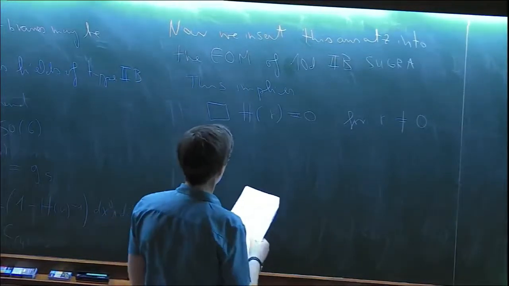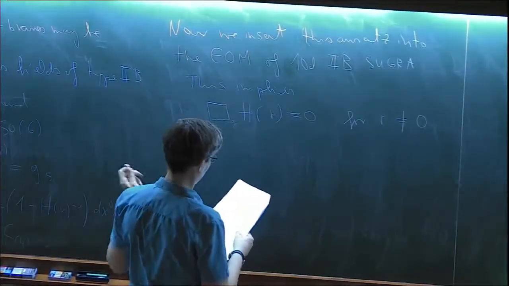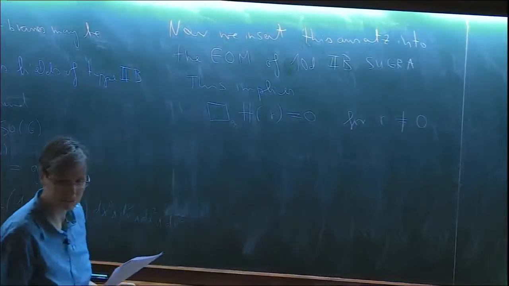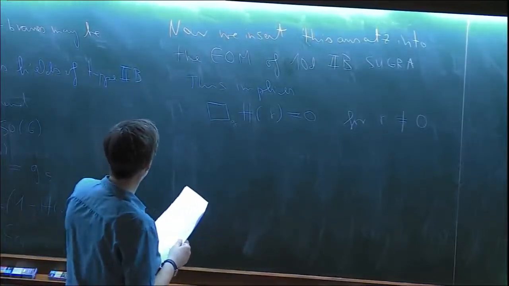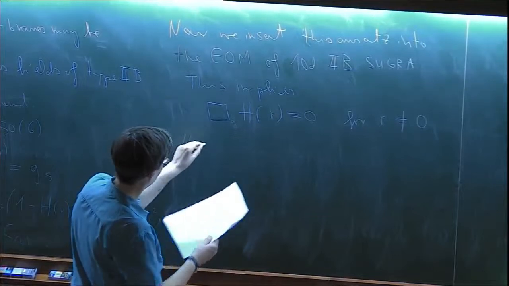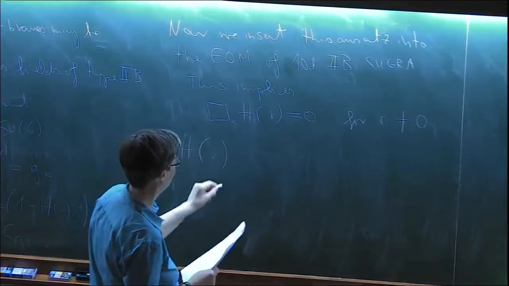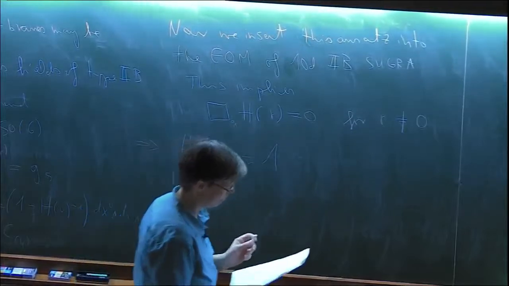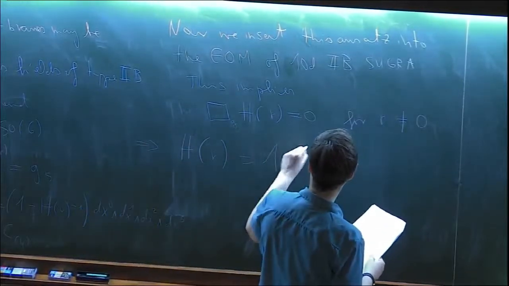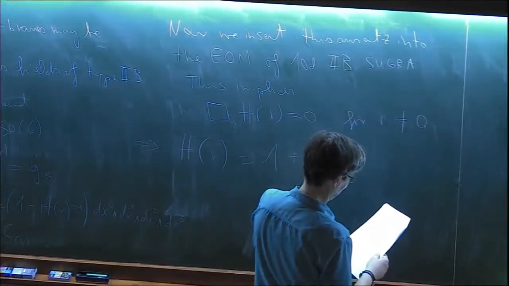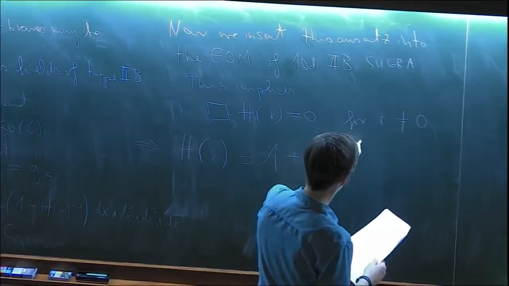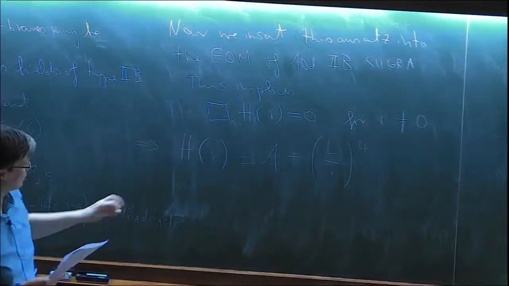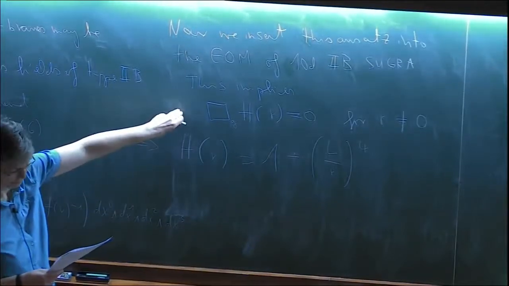This is the Laplacian with respect to this metric g. This means that H has to be a harmonic function. The equation is satisfied either if H is just a constant, so we can take it to be 1, or if it is L over r to the fourth. So that's a solution to this equation.